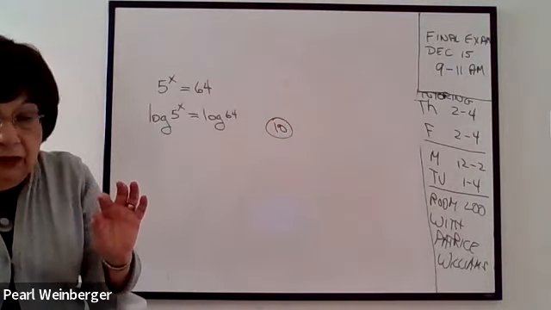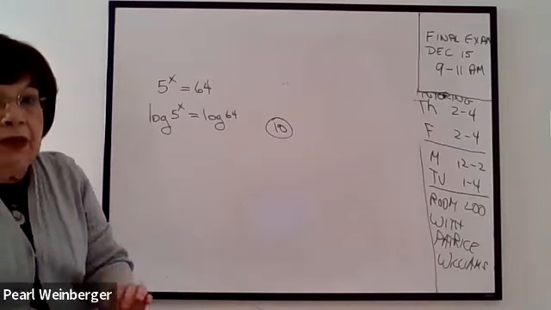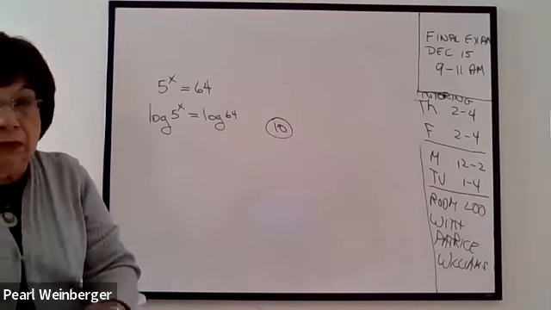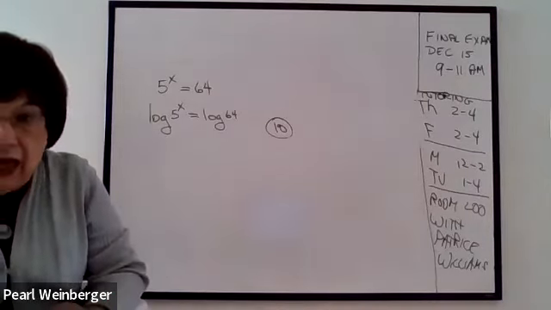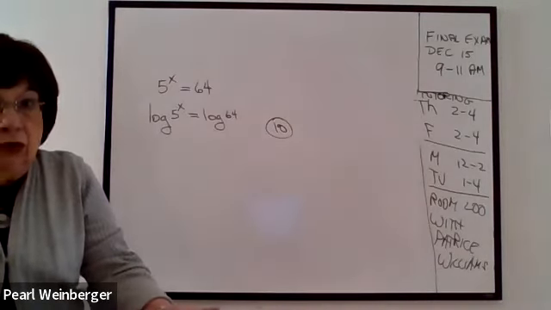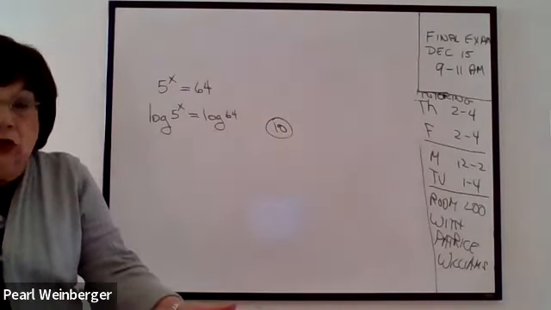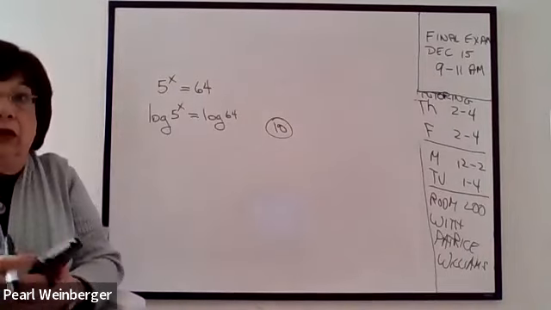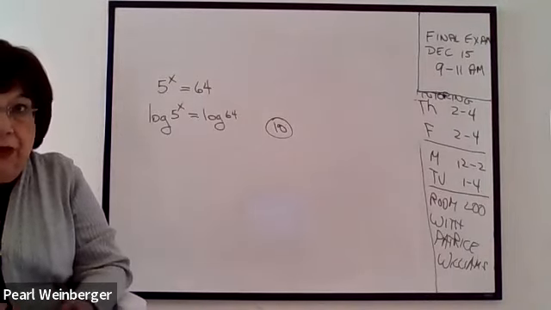It means that you don't have to write it in because the base is understood to be 10. It is what is called a common logarithm. It's like when you write x and you don't write 1x. Everybody knows x means there's one of them. You don't write it in. The same thing as you write log and you don't write in the base, it's understood to be 10.